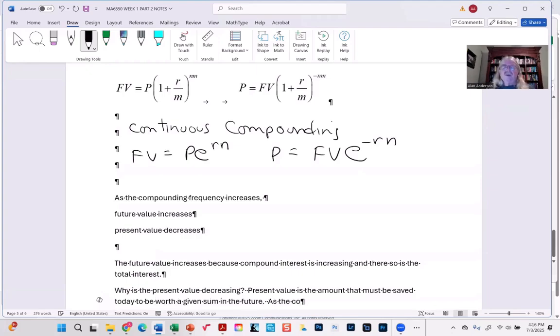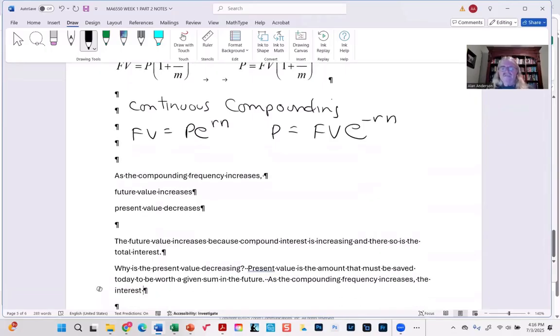As the compounding frequency increases, the interest earned increases, and the amount that must be deposited today, therefore, decreases. We don't have to put up as much money if we're going to earn more interest to reach the same goal. Therefore, the present value decreases.